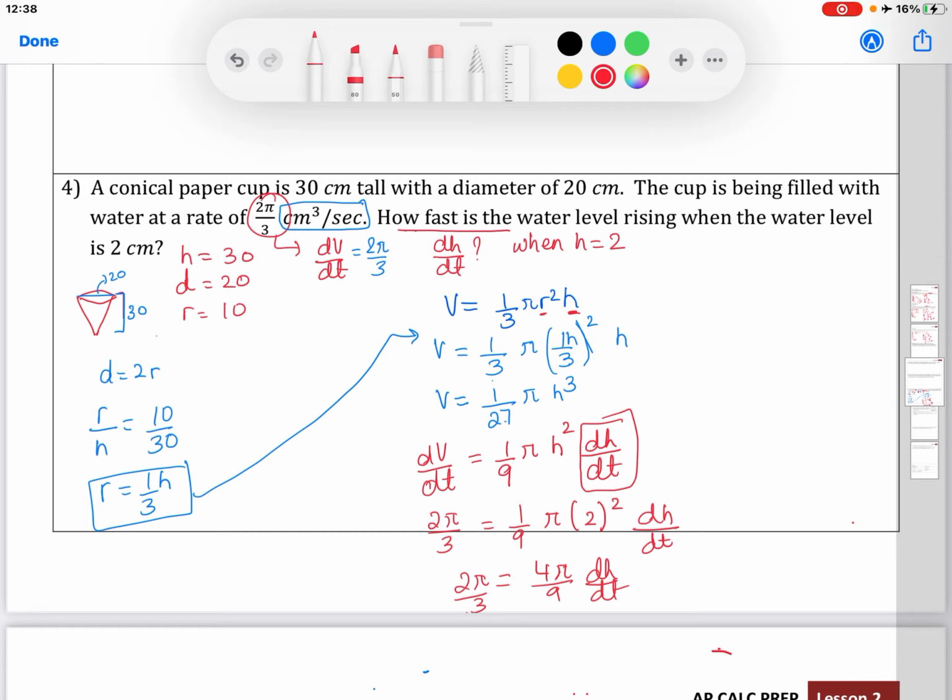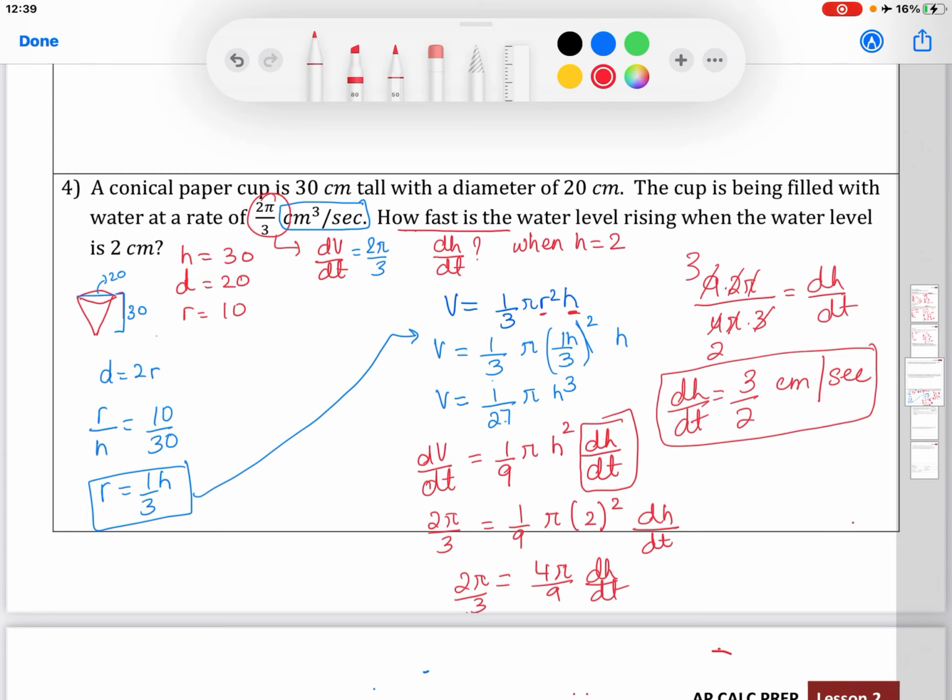If I cross multiply, this would be 9 times 2 pi over 4 pi times 3, which is dH dt. The pi's cancel out, 2 goes into 4 twice, 3 goes into 9 3 times, so I have 3 over 2. dH dt is 3 over 2, and this would be centimeters per second.